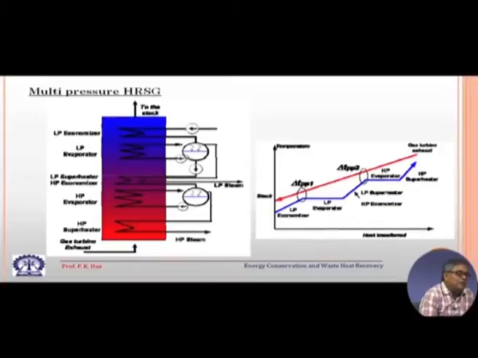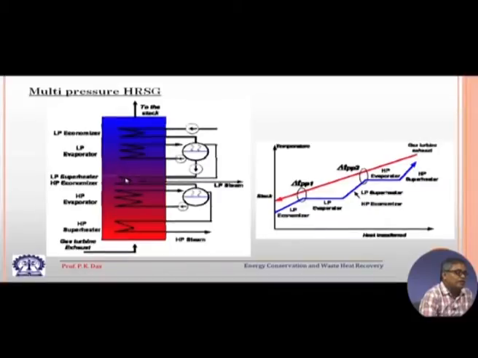from the bottom of this LP steam drum, we can extract certain amount of water, certain amount of liquid which is at elevated temperature. What we are doing, we are pressurizing the water.